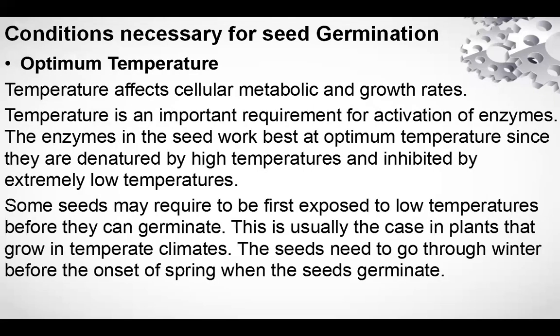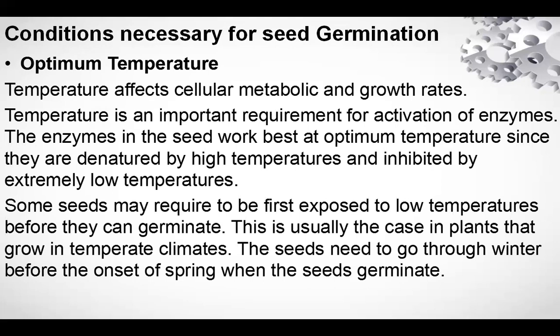The other condition necessary for seed germination is the optimum temperature. The temperature affects cellular metabolism and growth rates. Temperature is an important requirement for the activation of enzymes. The enzymes in the seed work best at the optimum temperature. These are initiated by high temperatures and inhibited by extremely low temperatures.